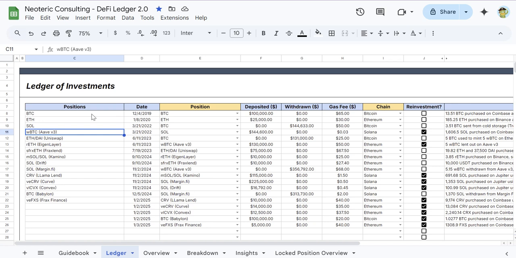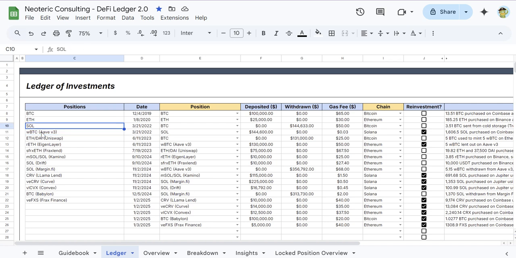The conventions here: how do I label, say, wrapped BTC that I lent out on Aave? Well, to me, it's implied that it's wrapped BTC on Aave because Aave does one thing, and that is facilitate lending and borrowing. So if I say wrapped BTC on Aave V3, it's implied that it's lent out.